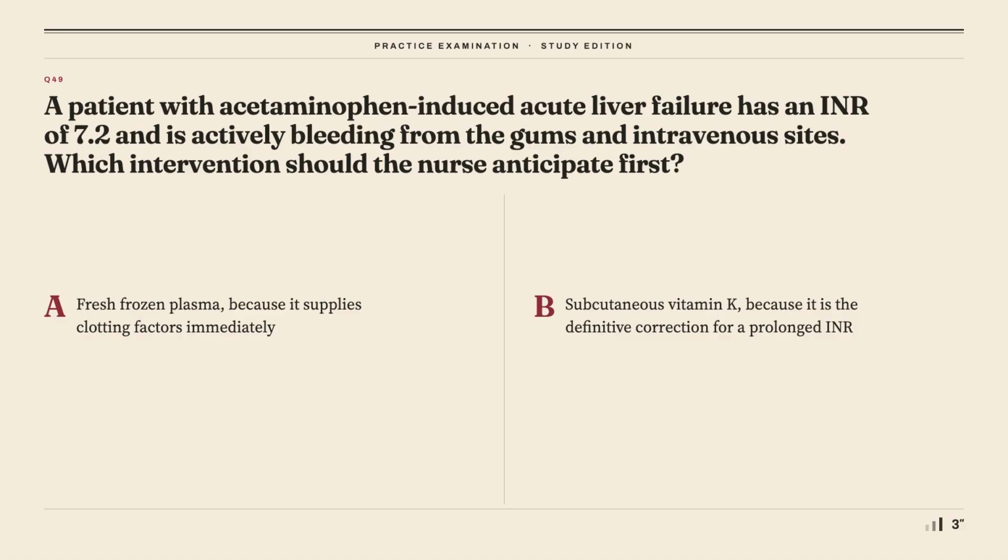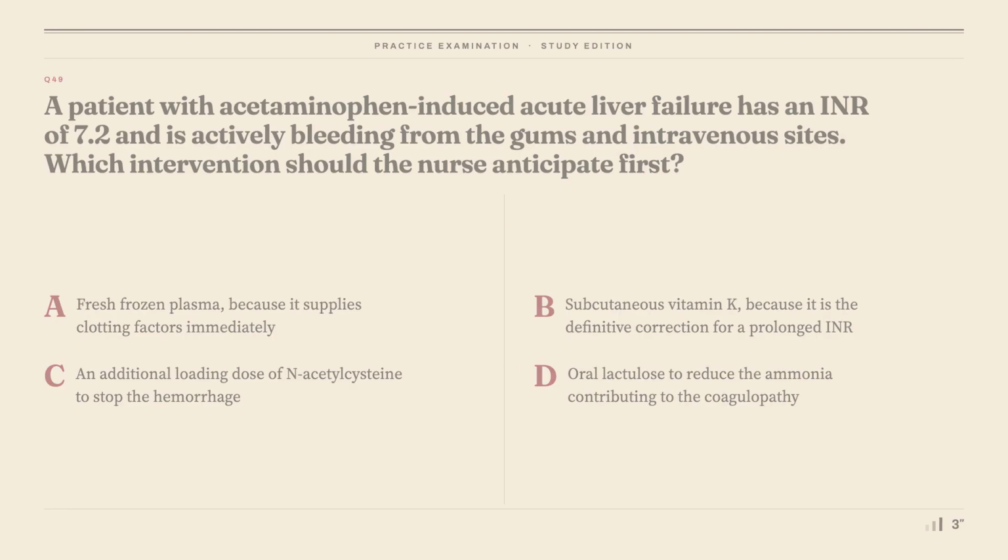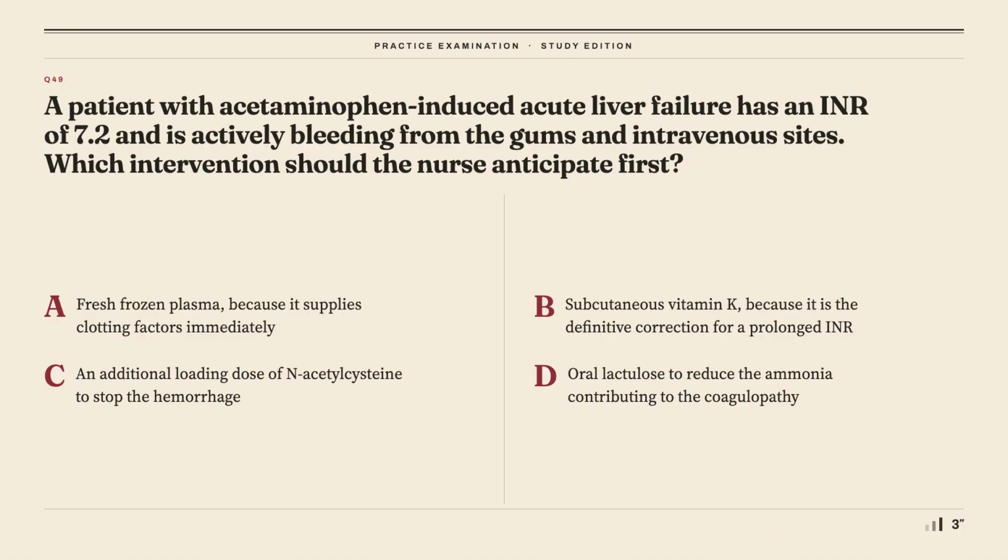B. Subcutaneous vitamin K because it is the definitive correction for a prolonged INR. C. An additional loading dose of N-acetylcysteine to stop the hemorrhage. D. Oral lactulose to reduce the ammonia contributing to the coagulopathy. Which one is it? Pause the video if you need more time.